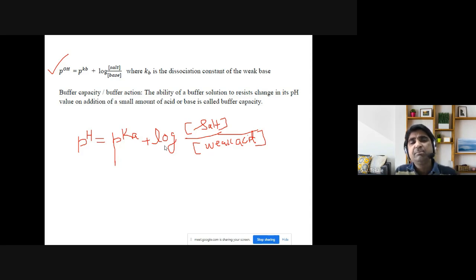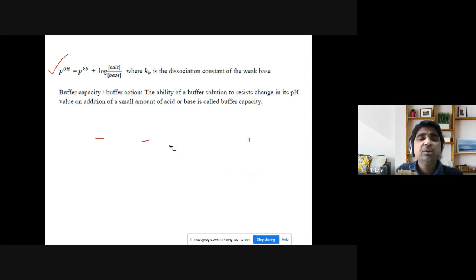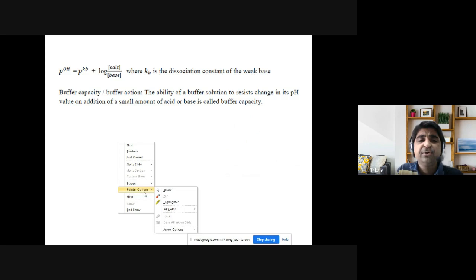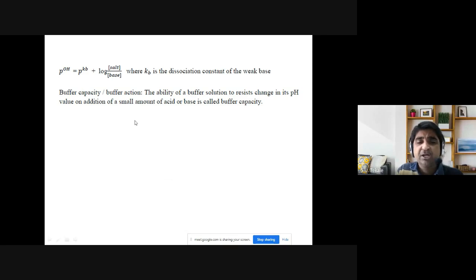Now there is one more term, called buffer capacity or buffer action. What is this term exactly? Let us look into it. As I have given you the definition of a buffer solution, the buffer is defined as a solution which resists change in its pH value.